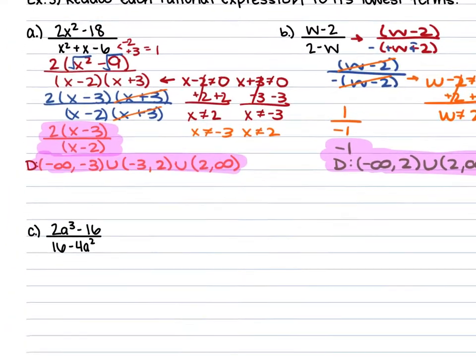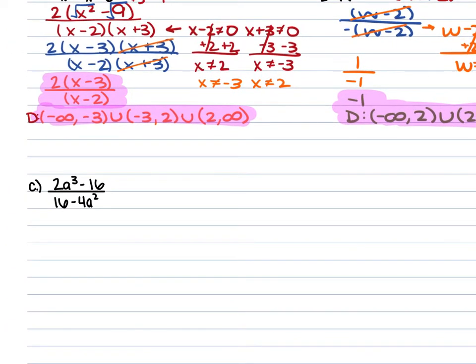For example C, we're given 2a cubed minus 16 over 16 minus 4a squared. So I'm going to do this by rearranging my bottom terms first. So I'm going to have 2a cubed minus 16 over negative 4a squared plus 16.